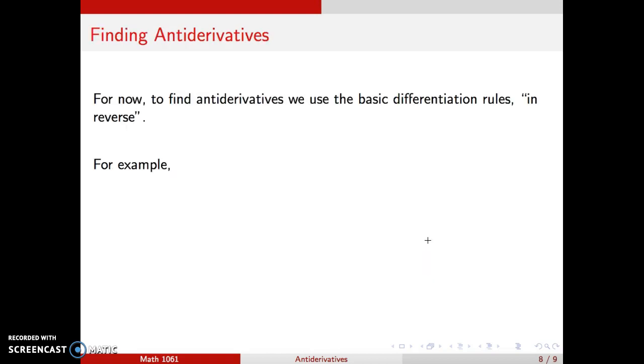Now for finding antiderivatives, we're going to spend a lot of time down the road, and even in the follow-up courses, learning about how we might do that. But again, keep in mind that it's this reverse process to differentiation. So for now, we're taking the basic differentiation rules and looking at them in reverse.